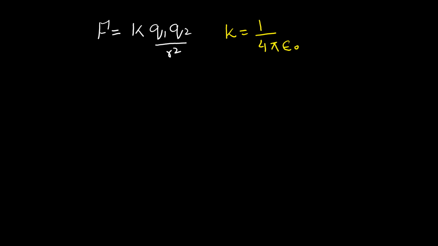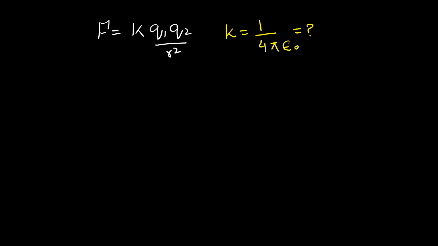So dear student, the Coulomb equation is: force between two point charges is equal to K q1 q2 divided by r square. K is called the Coulomb constant of proportionality. Please keep in mind that K is equal to 1 over 4 pi epsilon naught. Now, the question is how the formula for K, 1 over 4 pi epsilon naught, is determined.